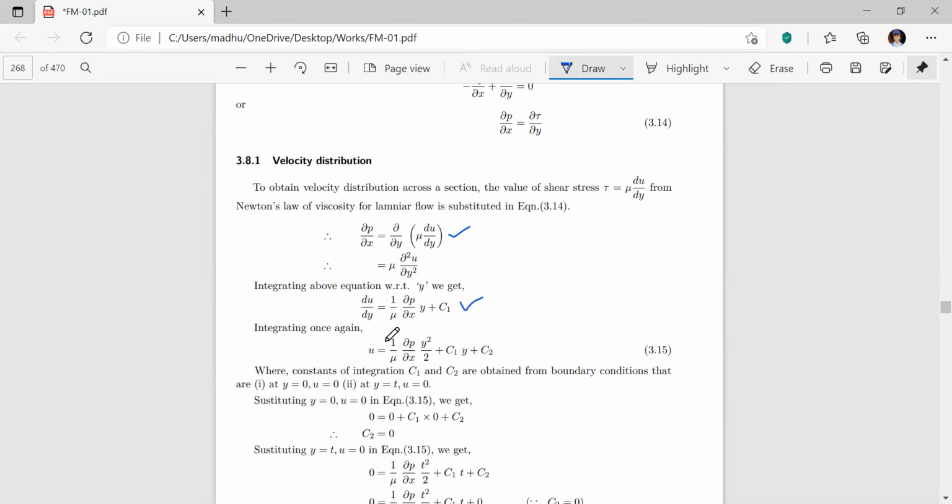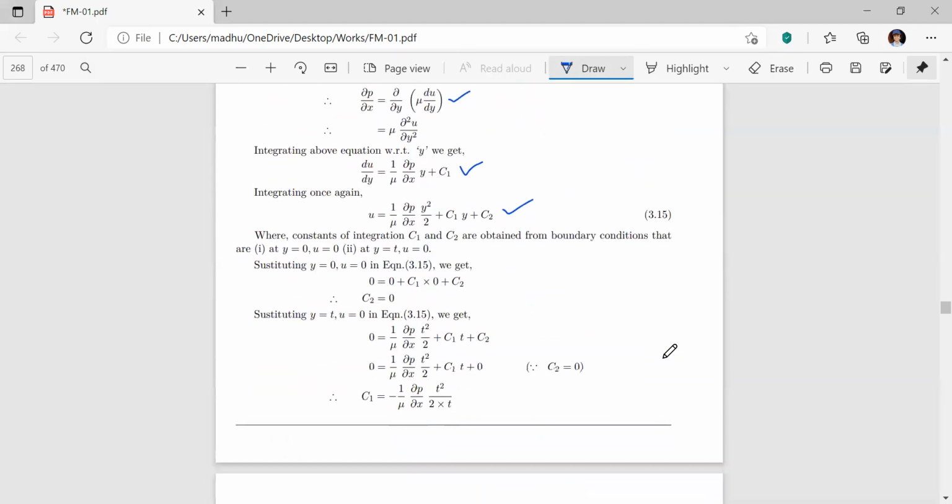Integrating again, you will get the value of u. U is 1 by mu dou p by dou x into y square by 2 plus c1 y plus c2, where constants of integration c1 and c2 are obtained from boundary conditions that at y is equal to 0, u is equal to 0, and at y is equal to t, u is equal to 0.